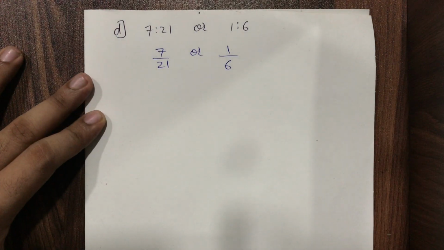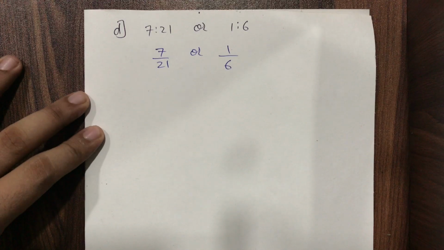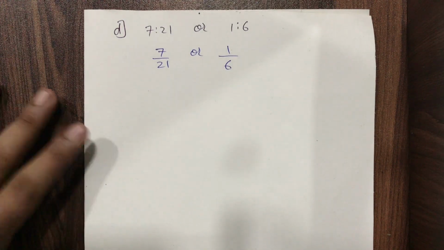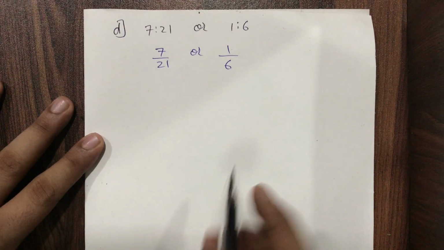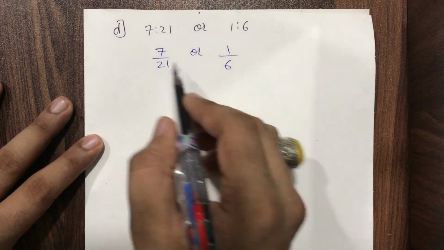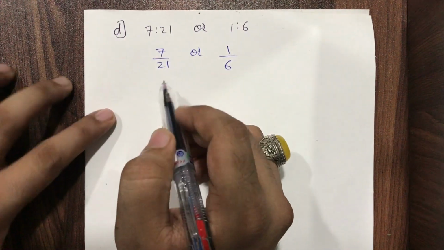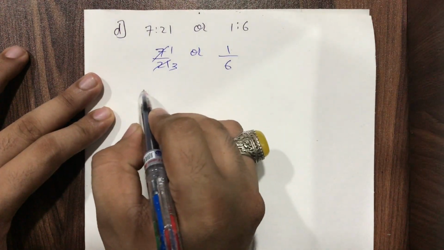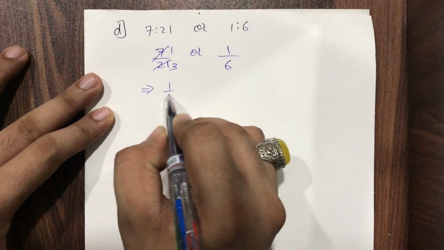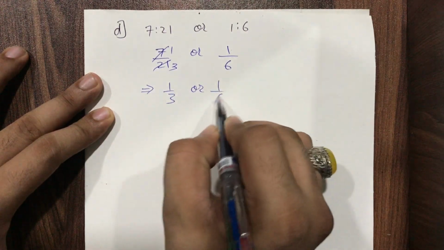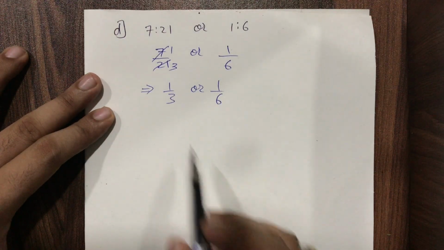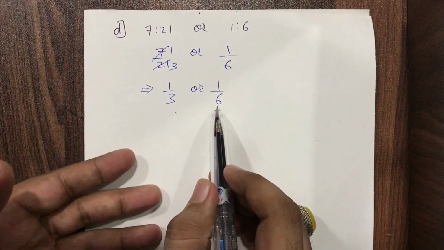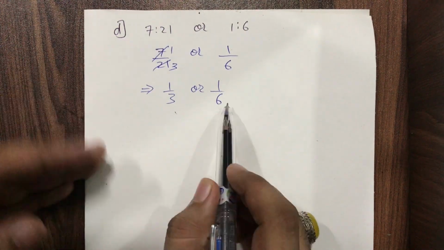Okay, now students, ask yourself before starting this, can we reduce our fractions? 1 upon 6 cannot be reduced further, but can we reduce this? Yes, we can reduce this. So 7 ones are 7, 7 threes are 21. Okay, so our question becomes 1 upon 3 or 1 upon 6. So we need to find whether 1 upon 3 is less than 1 upon 6, or 1 upon 3 is equal to 1 upon 6, or 1 upon 3 is greater than 1 upon 6.